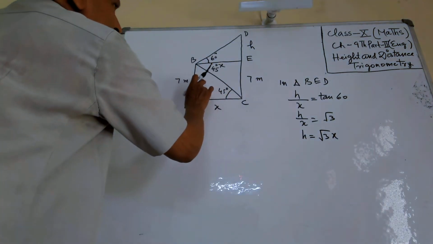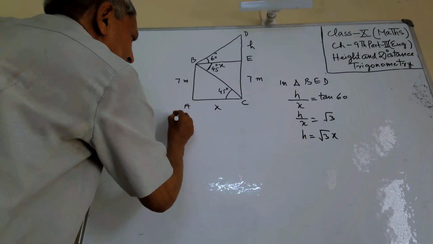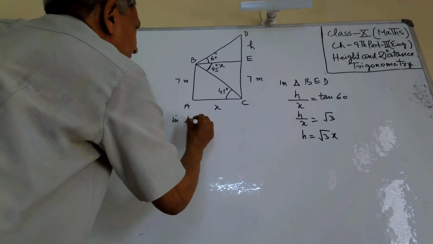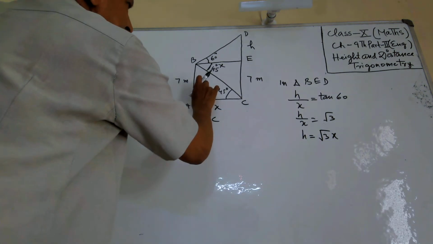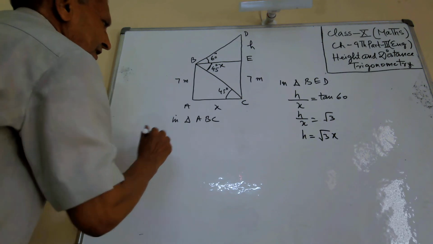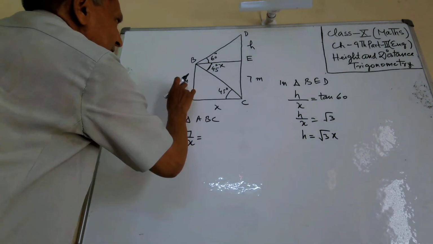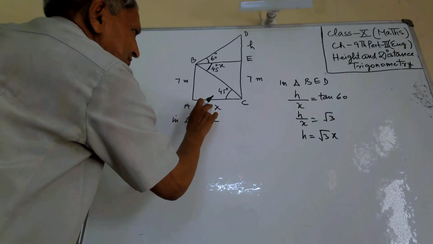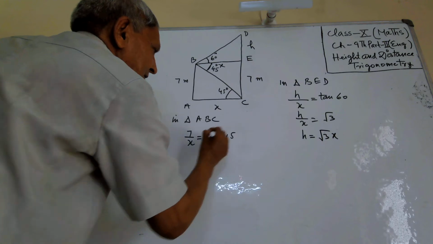Now I am taking this triangle ABC, in which this is the perpendicular and this is the base, tan 45.